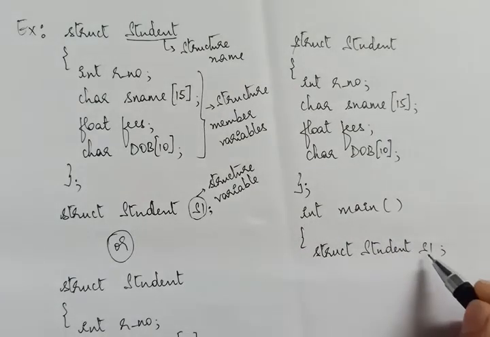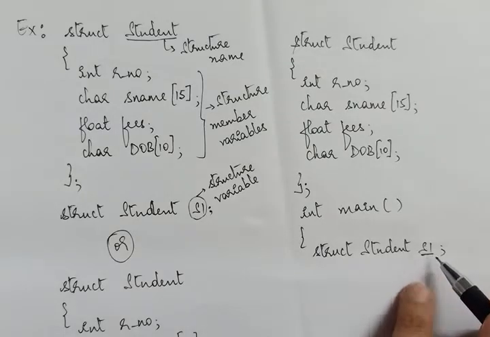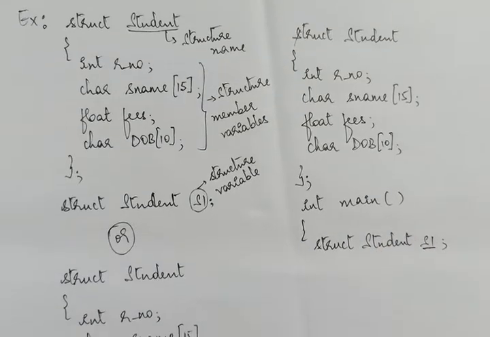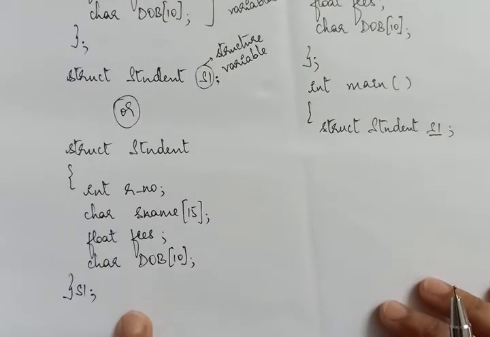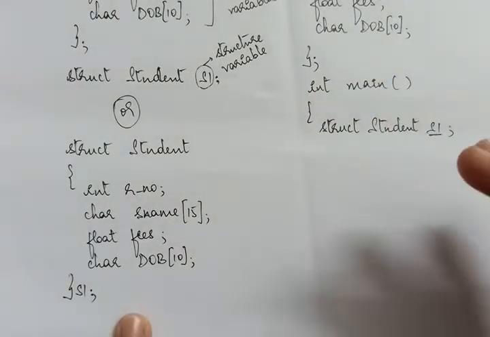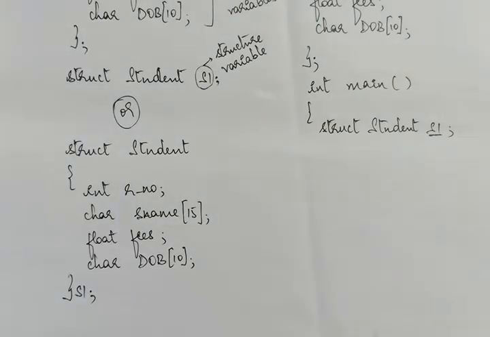Inside main I am creating s1, so s1 is a local variable created within main. If I create it this way, that is this type before main, then s1 becomes a global variable. Global variable means this s1 can be accessed by any other function that is defined in that particular file.